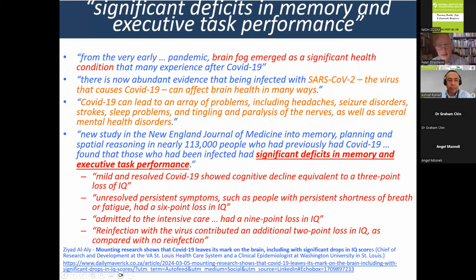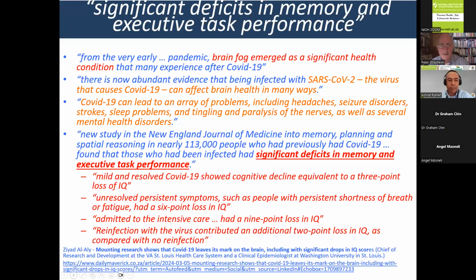But more crucially, he says that COVID leads to an array of problems, including headaches, seizures, strokes, sleep problems, and tingling and paralysis of the nerves, and then crucially, mental health disorders. We know it did because if you were reading the sadnesses of medical reporting during COVID, the suicide rates did go up around the world.